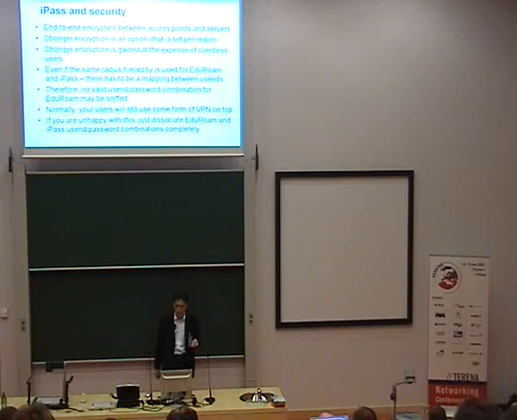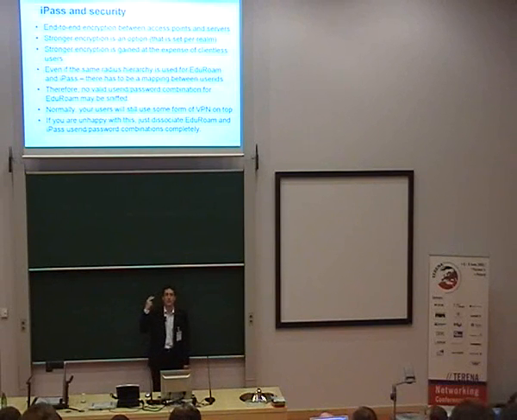And then you can use the same hierarchy for EduRoam and for iPass, and we have done that back home. But doing that, the users will never be able to sniff a viable user password combination for EduRoam, because usually it is not practical to have exactly the same user ID in EduRoam as in iPass, and therefore you have to map the two kinds of user IDs against each other anyhow.